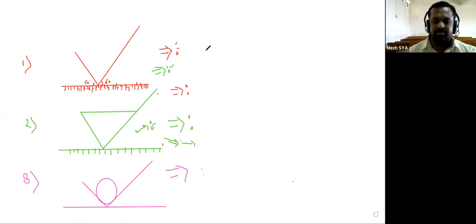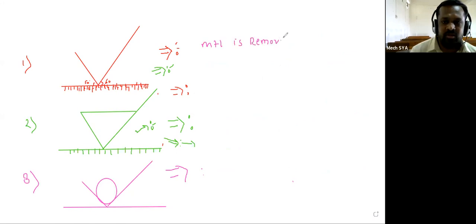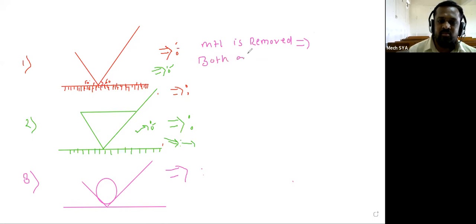Now share in simple words how to remember the meaning of this symbol. Here material removal is not compulsory. Means you can remove the material, or if you do not remove the material, both are allowed. We can write down here, both are allowed.